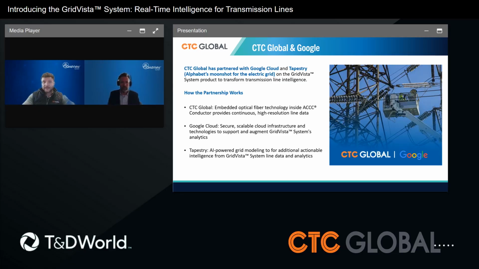Google Cloud provides secure, scalable cloud infrastructure and technologies to support and augment GridVista's analytics. Tapestry contributes AI-powered grid modeling to provide additional actionable intelligence from GridVista line data and analytics. Importantly, this architecture is designed for utility governance, supporting utility-managed access, auditability, and compliance expectations, all while enabling secure scale for continuous observation.